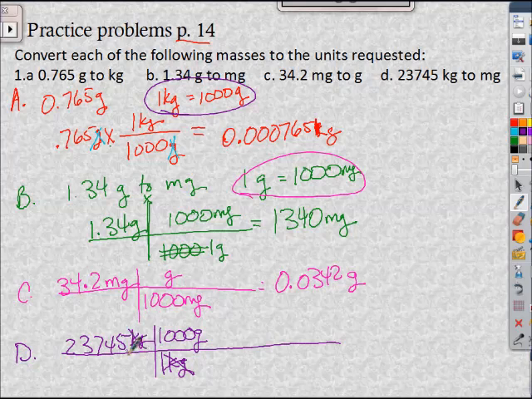Kilograms is gone, I have grams. Now I can use, like I did up here, 1 gram is 1,000 milligrams. So 1 gram goes on bottom, 1,000 milligrams goes on top. Okay, cancel that, and you can multiply that out.